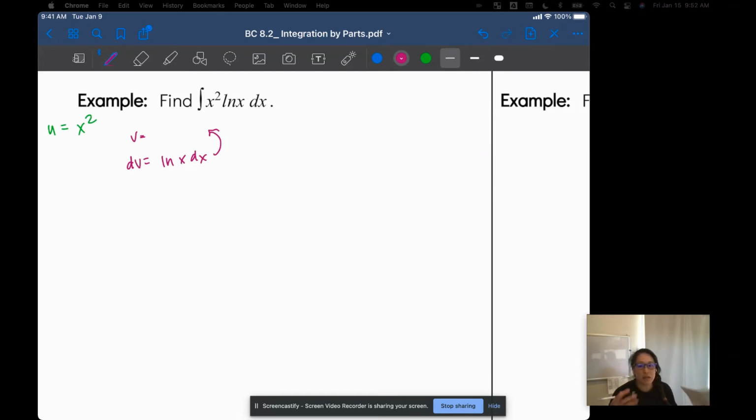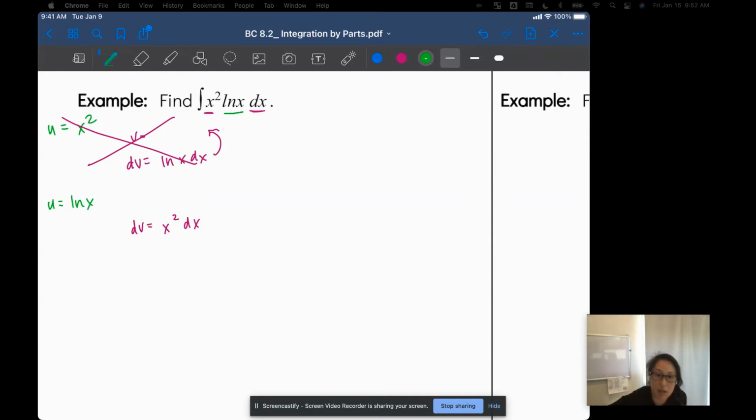So even though it was easier for me to take the derivative of x squared, I can't take the integral of ln of x, but I can take the derivative of it. So I'm going to switch it. I'm going to say u is equal to the ln of x, and dv is equal to x squared dx. Okay, so this part becomes my dv, and the ln of x is my u.